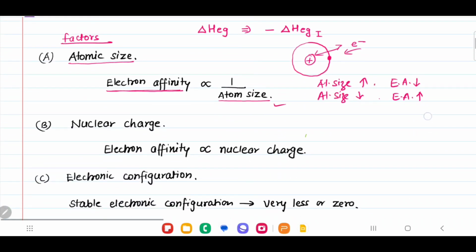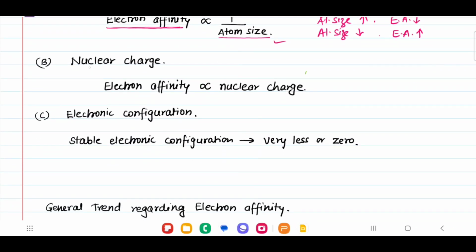The second factor is nuclear charge. Nuclear charge means the number of protons in the nucleus. If there is more nuclear charge, that means more protons inside the nucleus, it will attract the upcoming electron with more force. So electron affinity will be high.